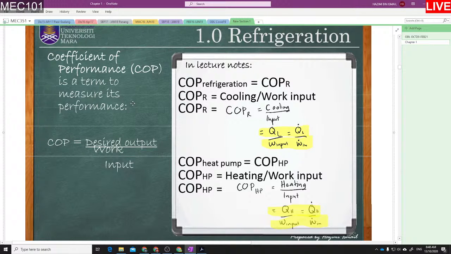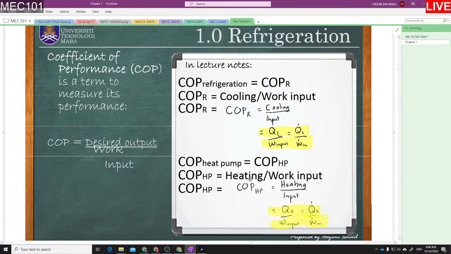It is like thermal efficiency, as we learned in the MEC 251 subject of thermodynamics. But for refrigeration, we use the term COP. Sometimes they call it EER, energy efficiency rating, but for this syllabus we use COP for refrigeration.